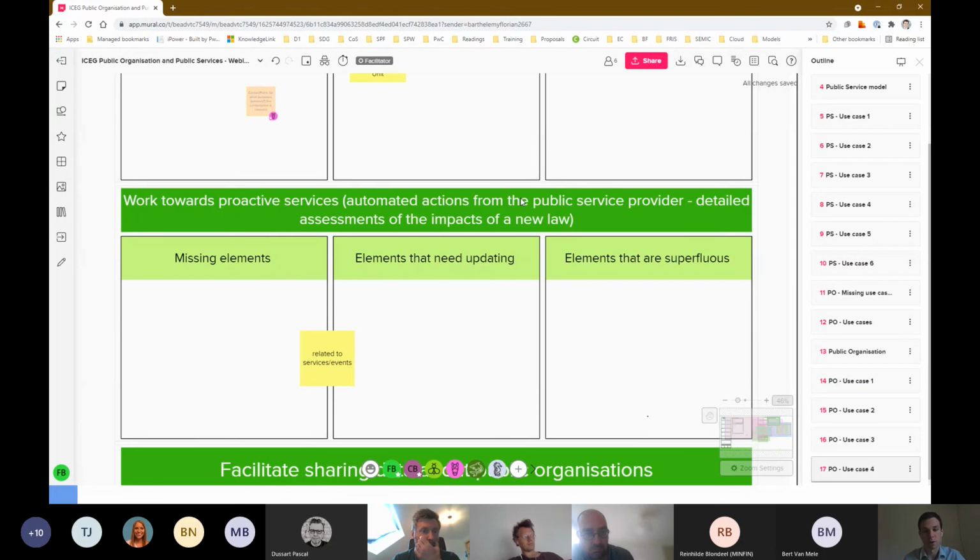Yeah, so we have two things: the proactive services and what you described, which is a specific case of a proactive service, which would be creating the organizations themselves from the law. Yeah. Okay, but then let's disambiguate this as well for the next one, and we'll look into whether there are specific elements we need to consider for those. Yes.